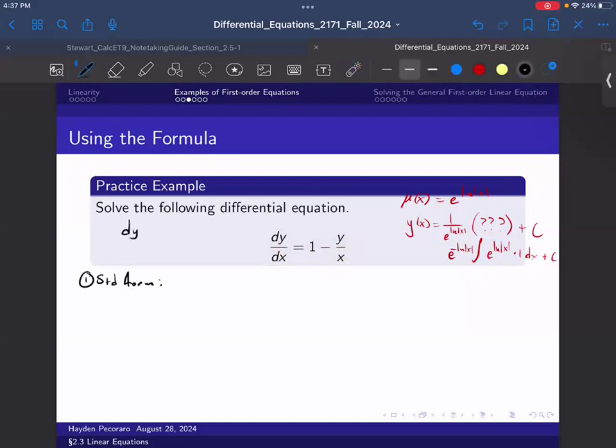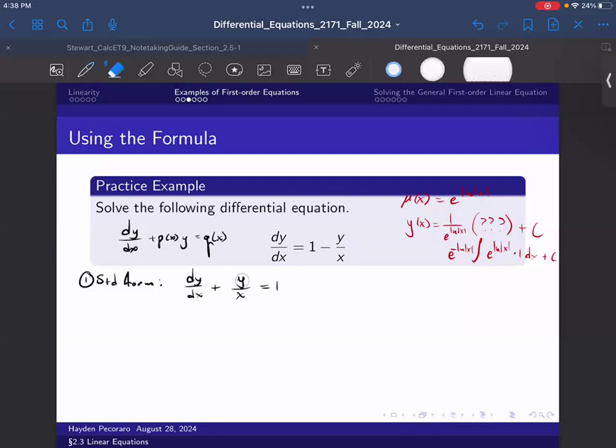So maybe we'll write that down actually as well. Standard form looks like this. So for this differential equation, our standard form is dy dx plus y over x, okay, equals 1.